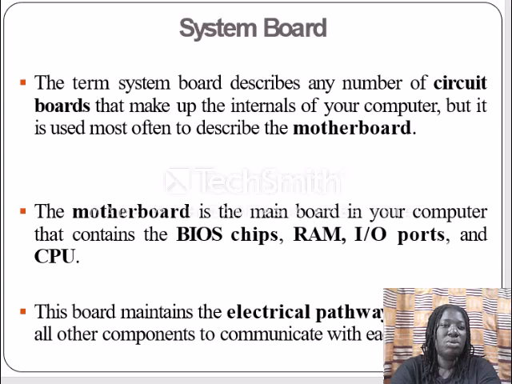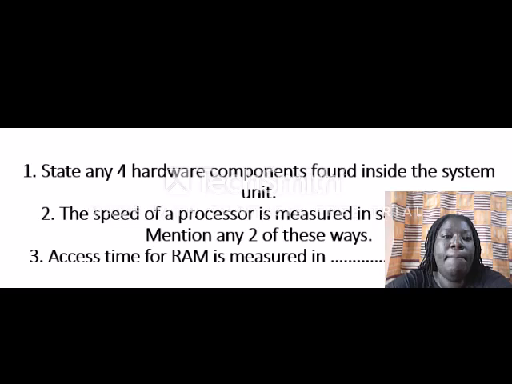Okay, so let's do a recap of what we have learned so far. Let's take the following questions. Take your pen and your paper and let's answer the following questions.